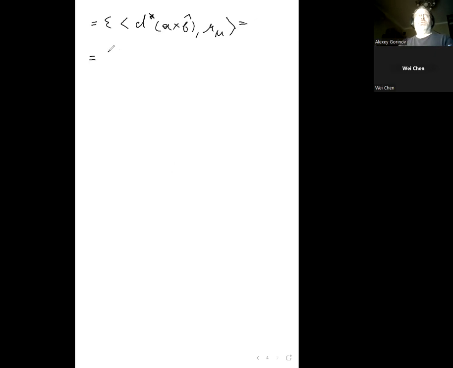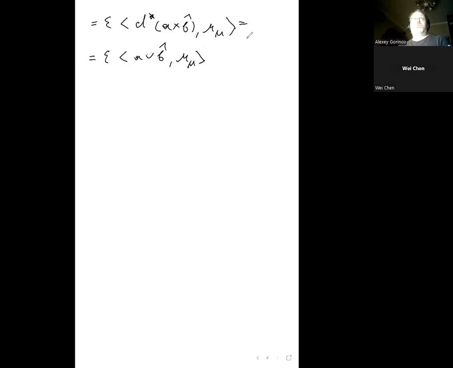Epsilon is there, and then we have a cup B roof evaluated on mu m.